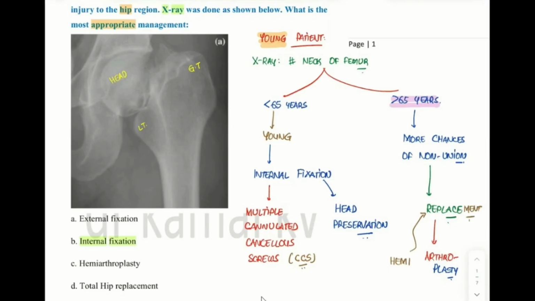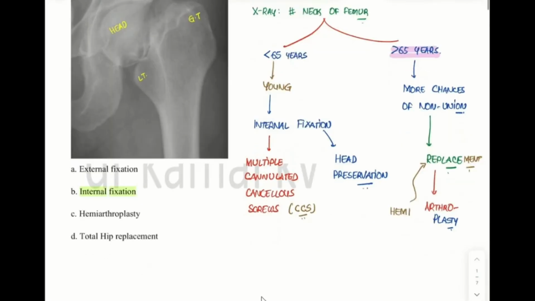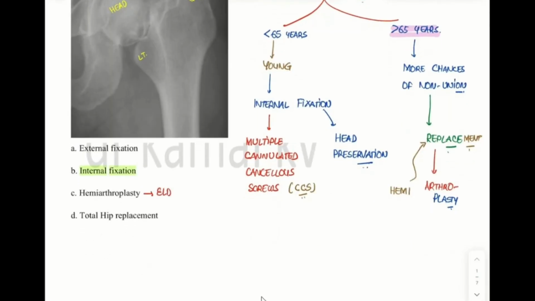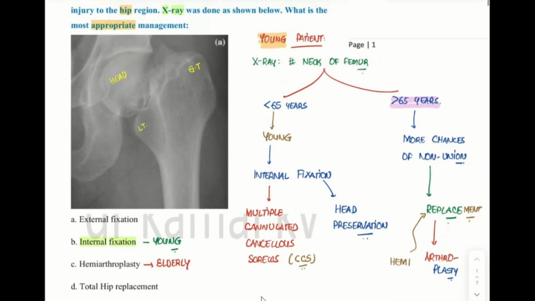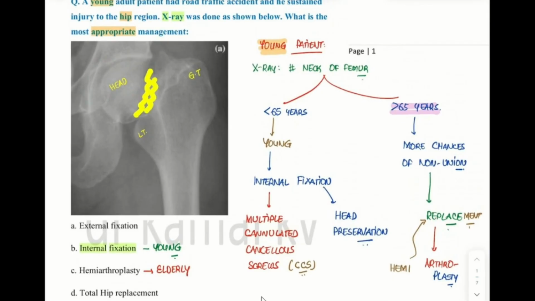Clear? So this will be the nomenclature in elderly. In elderly we will do hemi replacement arthroplasty. In young we will do internal fixation. So this is the concept: fixation for fracture neck of femur in young and hemi replacement arthroplasty in elderly.